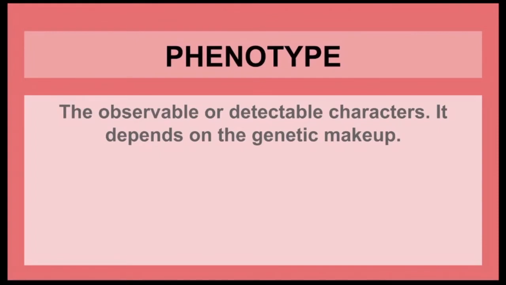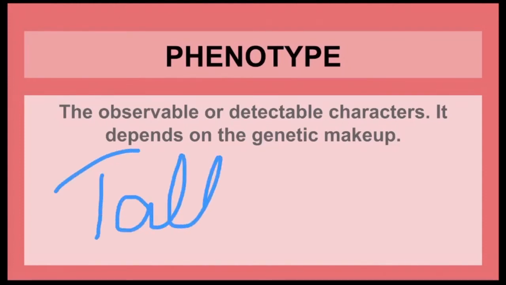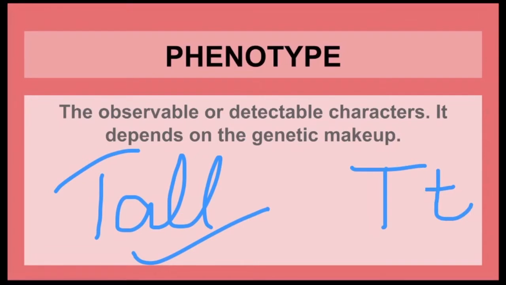Phenotype means the detectable characters. That means the pea plant is tall. So this is the phenotype of that pea plant, while capital T and small t represent the genotype of the pea plant.